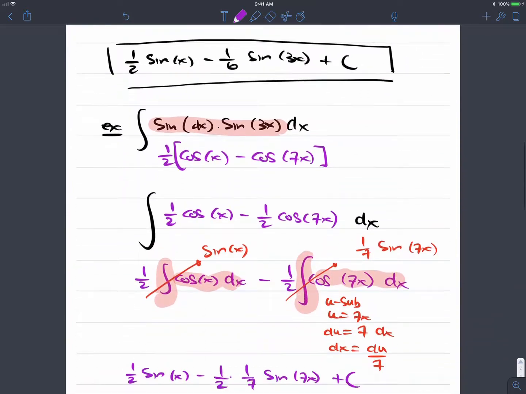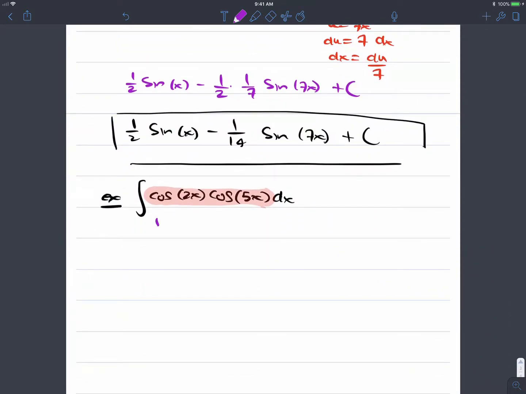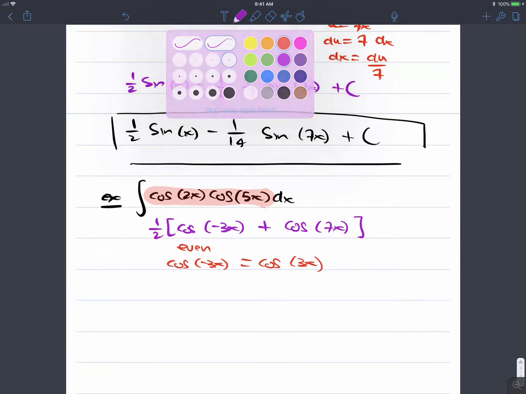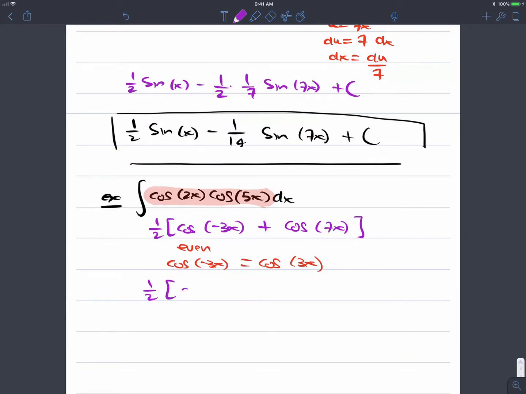So 1/2 cosine minus 3x plus cosine 7x. We're going to replace our product with this sum. Again, I want to remind everybody that cosine is a nice even function, so that cosine minus 3x is the same as cosine of 3x. 1/2 cosine 3x plus cosine 7x.